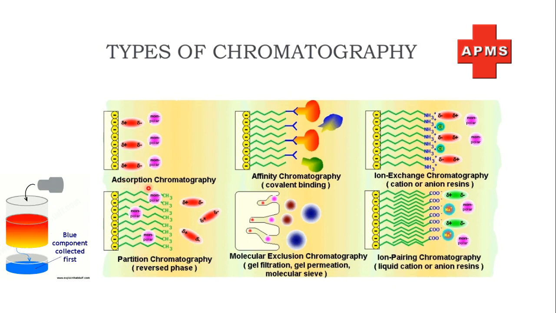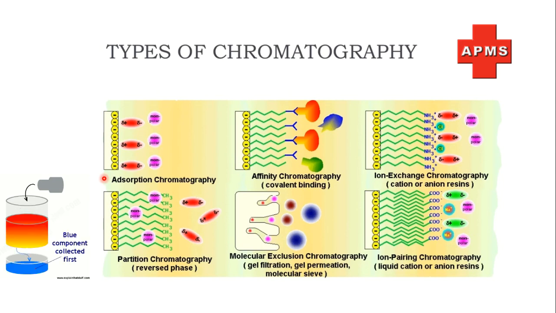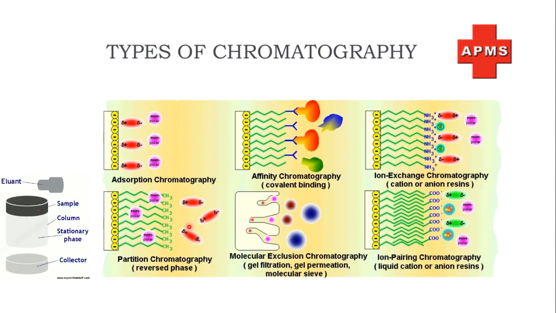In adsorption, we know that here the sample molecules only physically interact with the molecules of stationary phase. But in partition, we see the solubilization of sample molecules which are present in mobile phase, solubilize in the stationary phase.